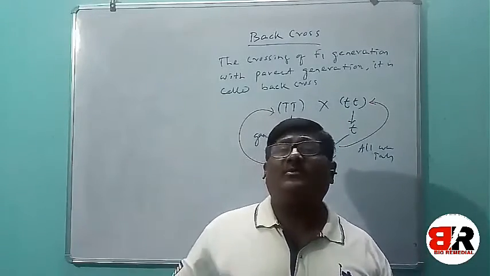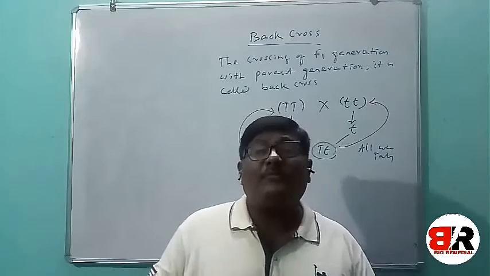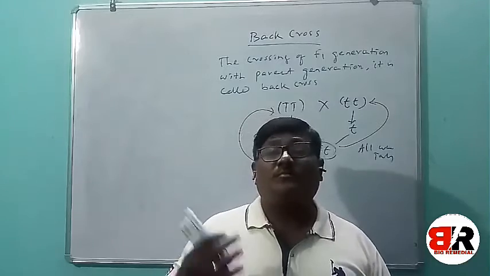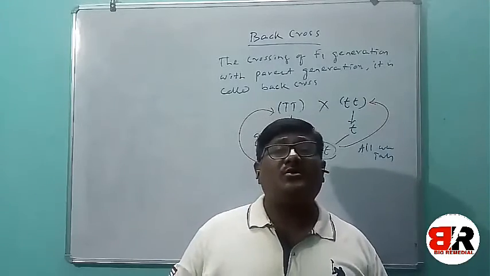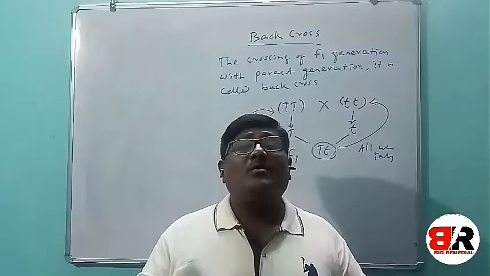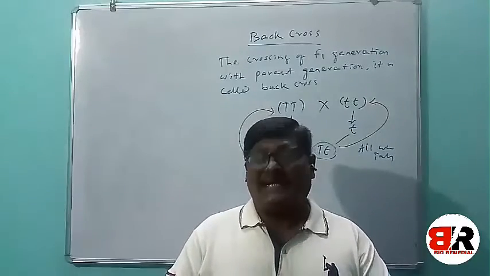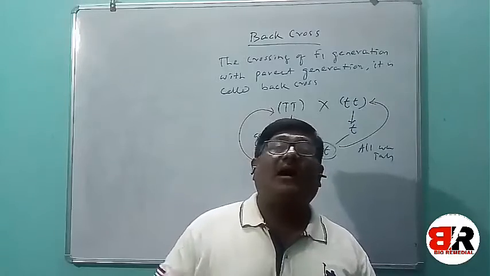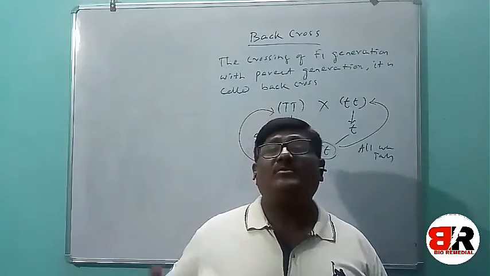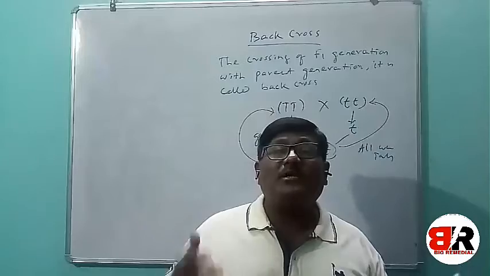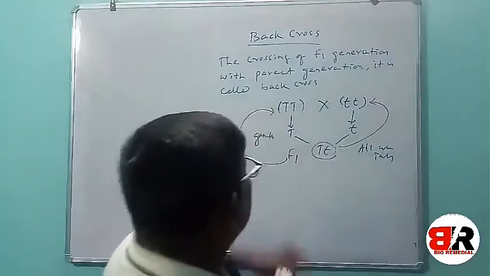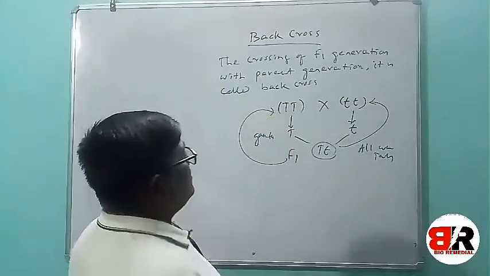Looking from outside, we cannot know whether the tall plant is homozygous or heterozygous. We will understand only by test cross. We will see how to identify the genotype of the given organism by test cross. So this is all about the back cross.